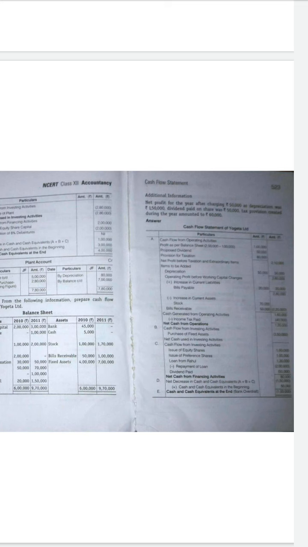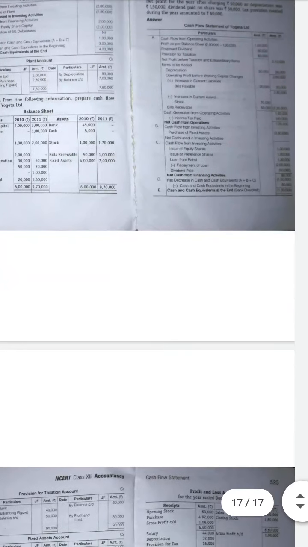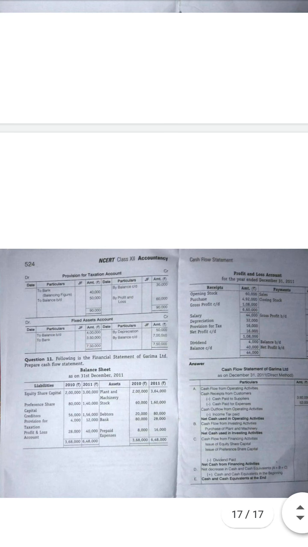Now we have to subtract the income tax amount. So what is the amount of income tax? See the sum, we have to find the income tax amount, 40,000. For the provision for taxation, we have to prepare a separate account in order to find out the amount of income tax paid. Understood?